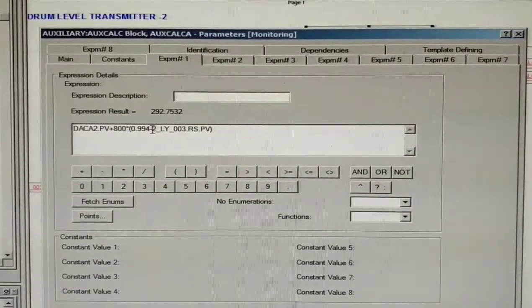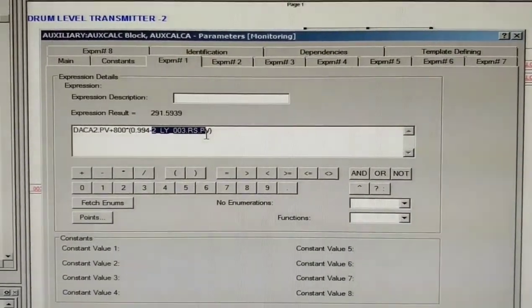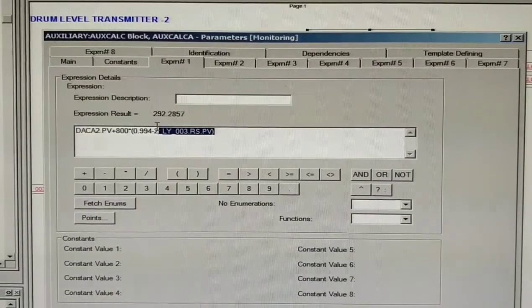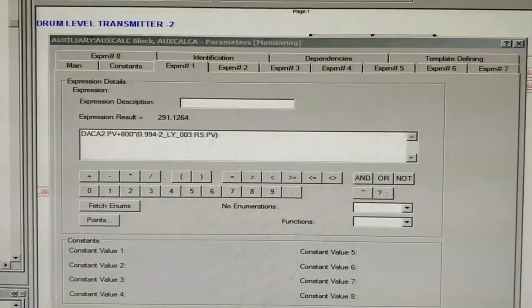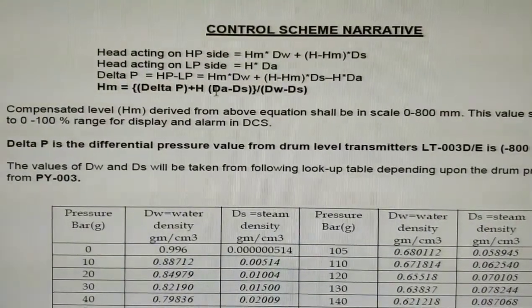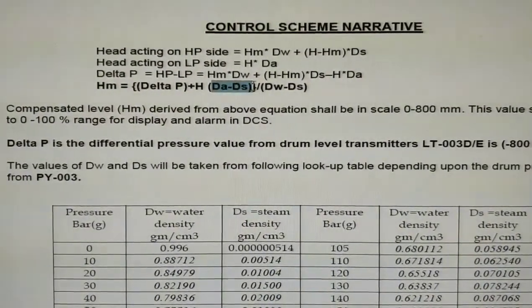Next one is the tag for steam density, RS.PV. So delta P plus H multiplied by dA minus ds, we have obtained this calculation.